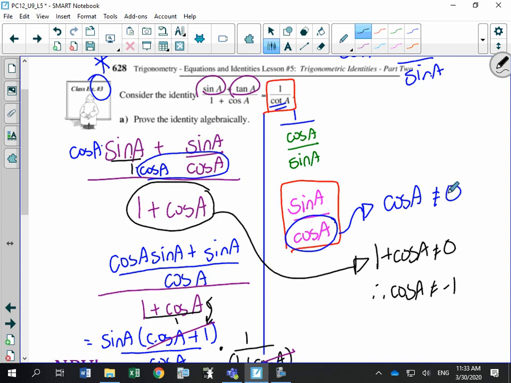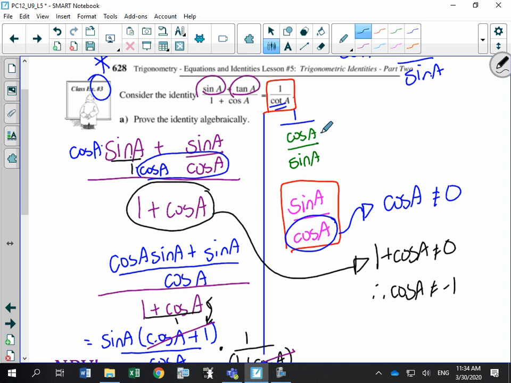So I'm going to find all my values where cos of A is 0, and all of my values where cos of A is -1. And then my last non-permissible value is in this equation here. When I rewrote, cotan of A was cos of A over sine of A. So neither of these can be 0, right? Because if either of these are 0, I'd be dividing 1 by 0, which I can't do.